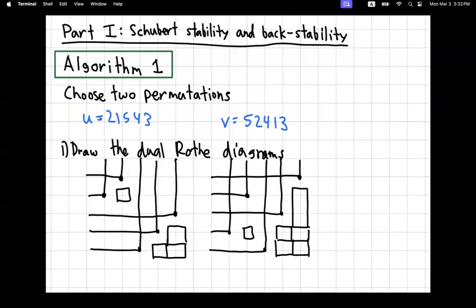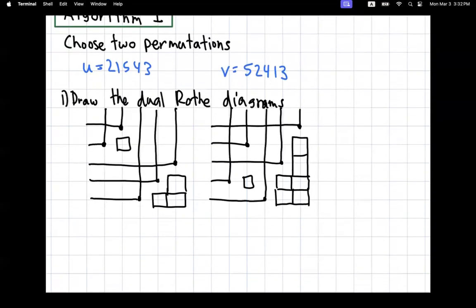Okay, the boxes aren't so straight, but I hope we get the picture. So here is the dual rothe diagram. That's step one. Step two is we count the non-empty rows from bottom to top.